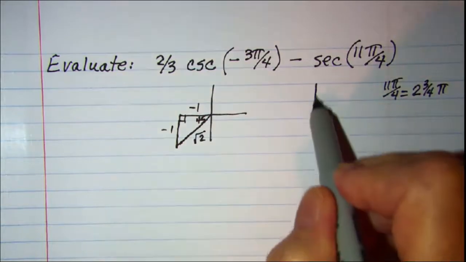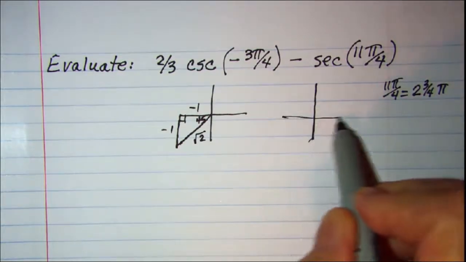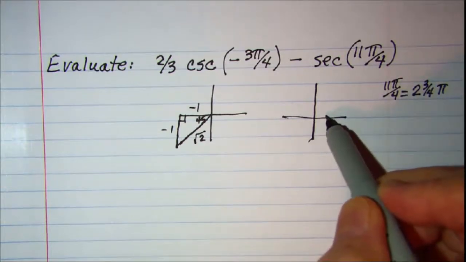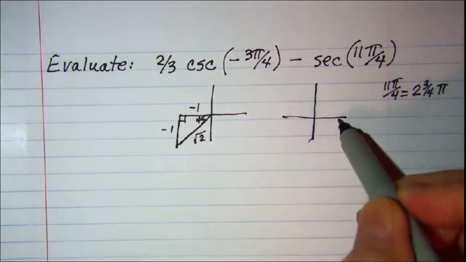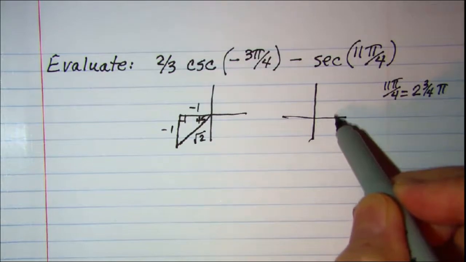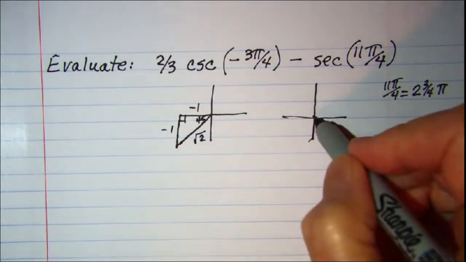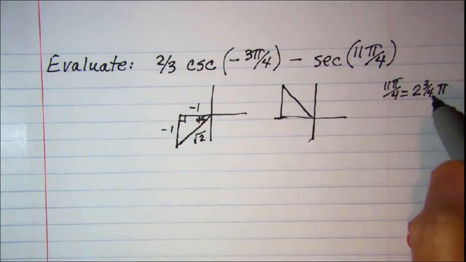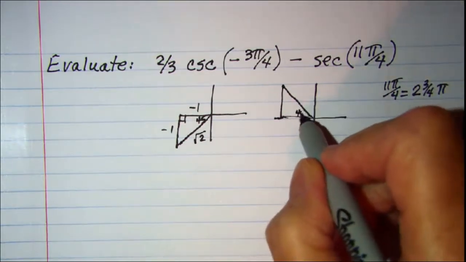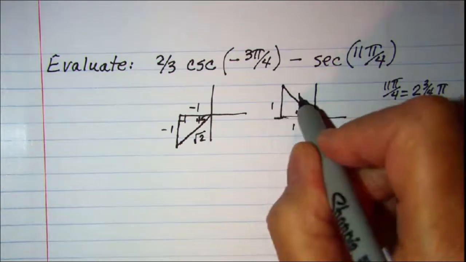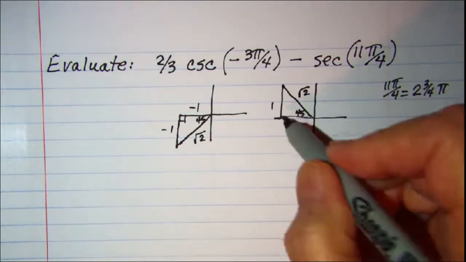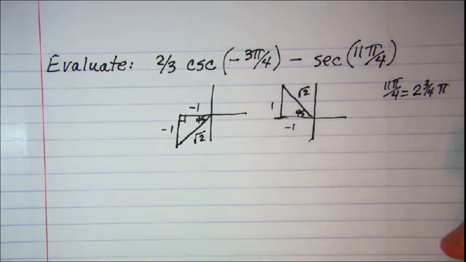So my triangle then, it's a positive rotation. 2 pi is 1 complete revolution, and then 3/4 of a pi puts me in quadrant 2. The reference angle is 45, and I have 1, 1, √2. When it's left, it's negative, and up above, it's positive.